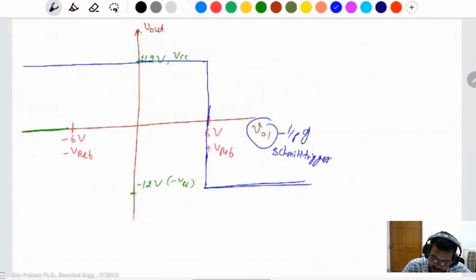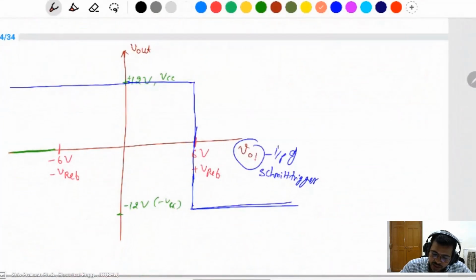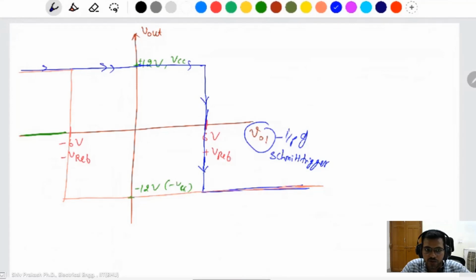Okay. Next one. You can say if you come from the positive side, when the input is more than the V reference, the voltage is negative, negative, negative till the next minus VCC does not come. When the input voltage goes from negative to positive and then positive to negative like that, then the output comes like that.